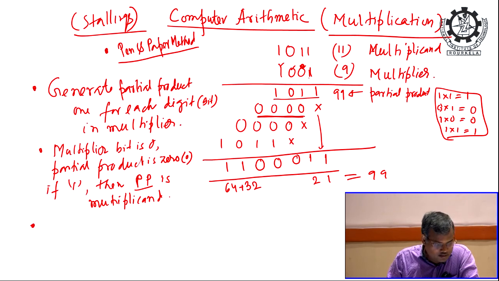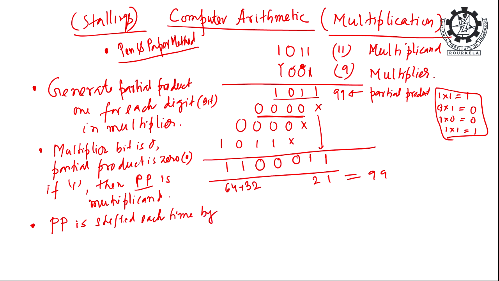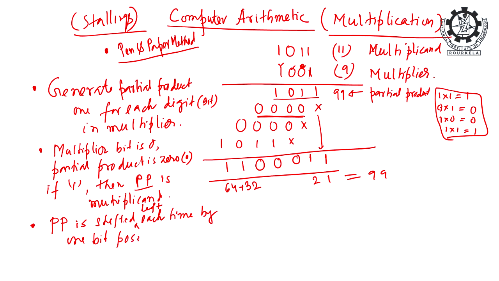So, we can write it here: the partial product is shifted left each time by 1 bit position with respect to the previous partial product, and the result must be within 2n bits.